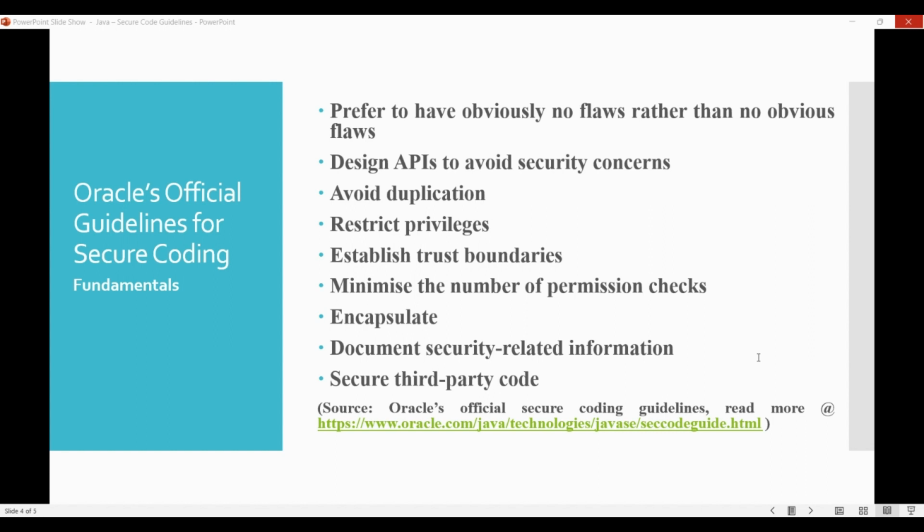The next point, and a very important point, is document security related information. It says that API documentation should cover security related information such as required permissions, security related exceptions, caller sensitivity, and any preconditions or postconditions that are relevant to security.